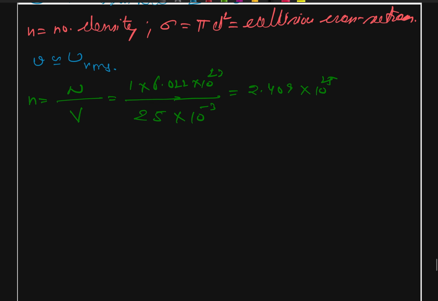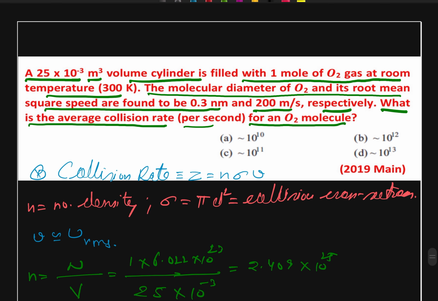Now we can find out our D, which is our cross section diameter, which I think is given to us as 0.3 nanometer.